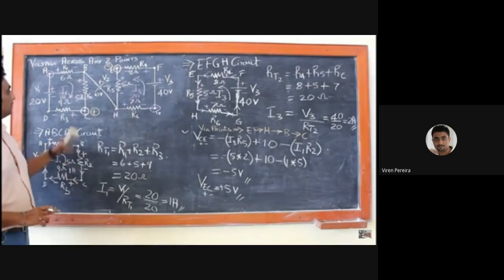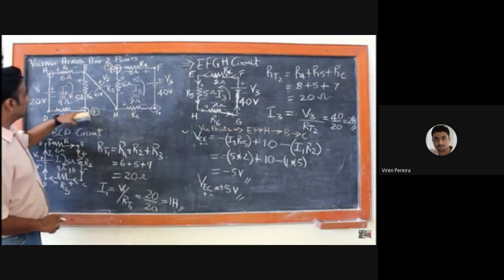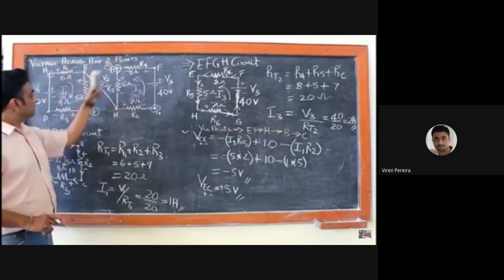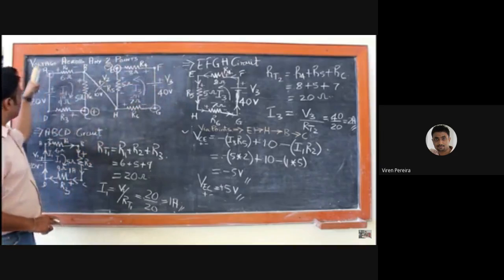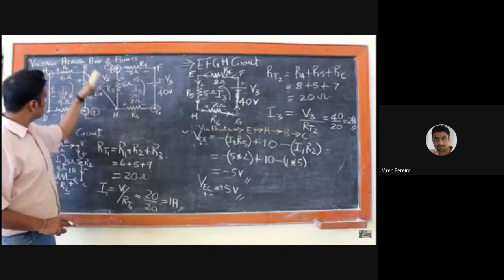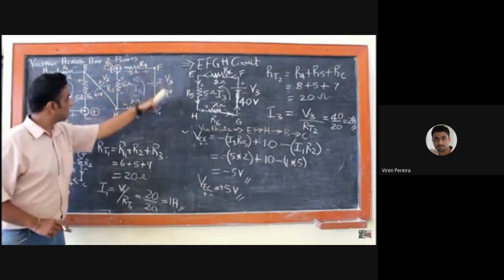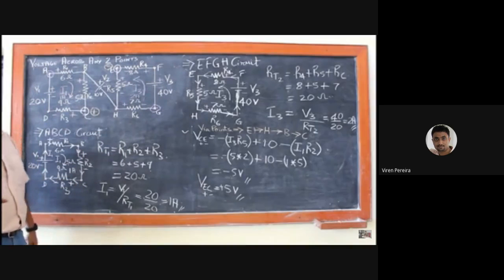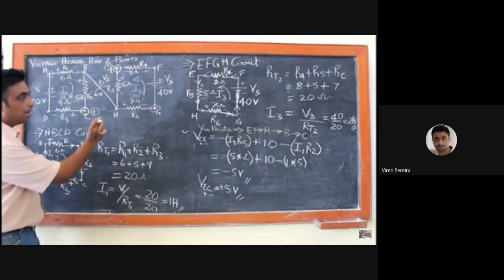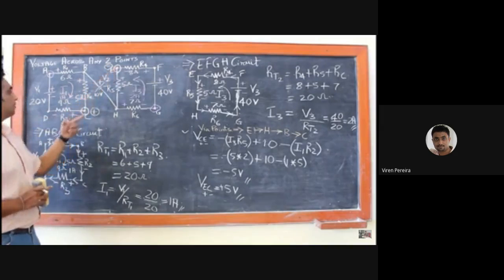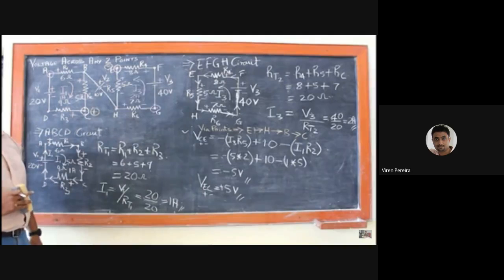So no matter which terminals they are, C or E or A or G, you can take this loop, this loop, or even this loop, but your answer will come as -5 volts. You can go across whichever points, but finally from E you have to reach C.